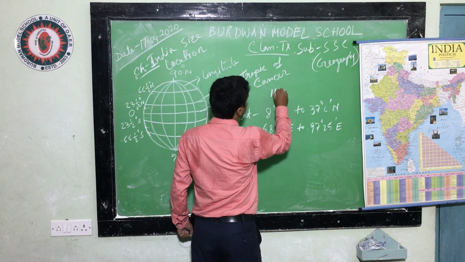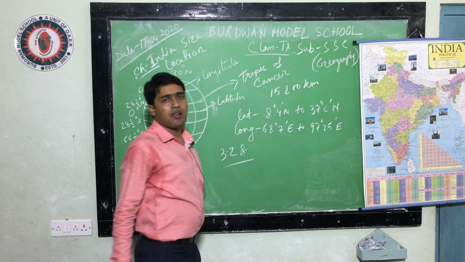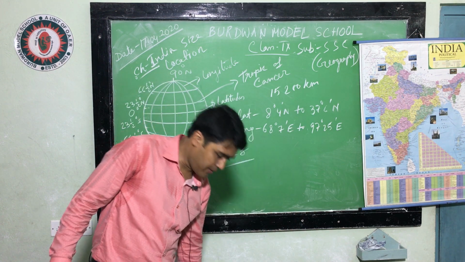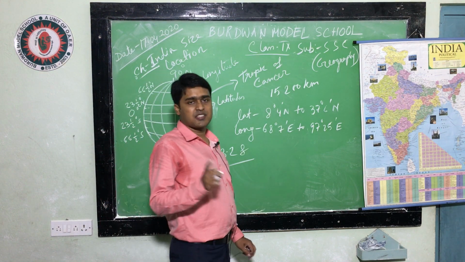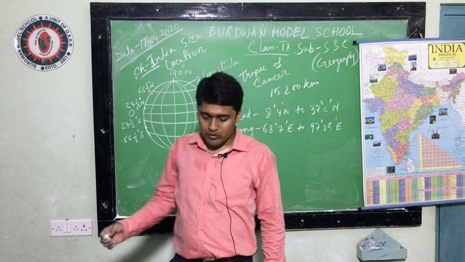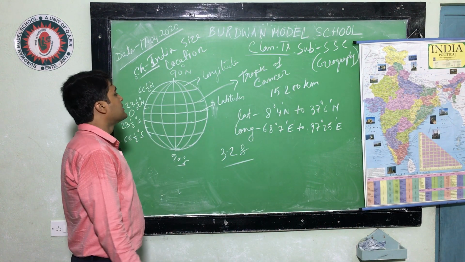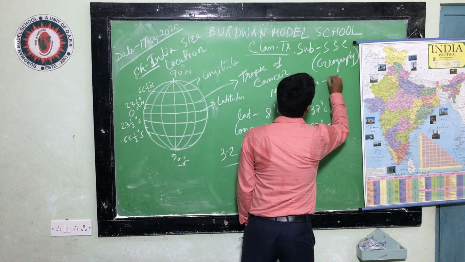That is India's total mainland boundary, and the coastal boundary, including Andaman Nicobar and Lakshadweep, the 2 islands which are included in India, is 7,516.6 kilometer.